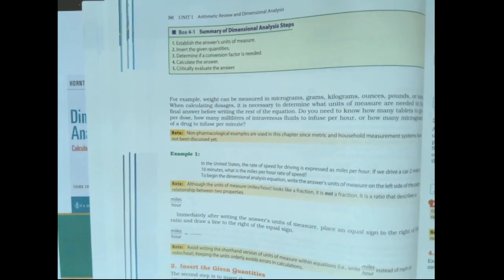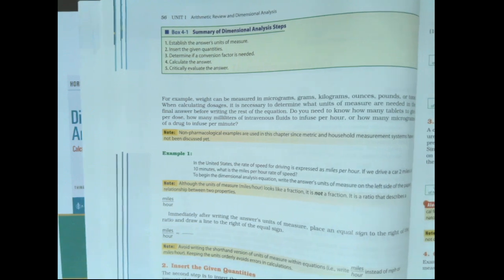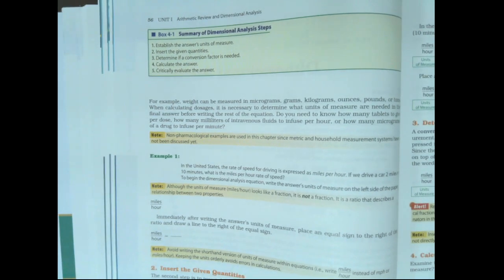Number two, insert the given quantities. So what we're going to do with dimensional analysis is we're basically going to make a series of ratios, and those ratios are going to be set up in a situation to where their units of measure will all be canceled out with the exception of what we're trying to solve for.